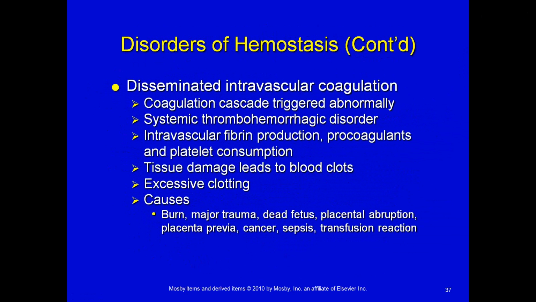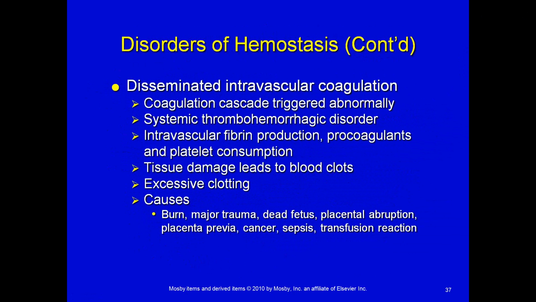DIC, which is disseminated intravascular coagulation, is a coagulation cascade that is triggered abnormally, and so it's considered a systemic thrombohemorrhagic disorder. You've got intravascular fibrin production, procoagulants, and platelet consumption, and when you have tissue damage with DIC, it leads to blood clot formation, and DIC is excessive clotting.